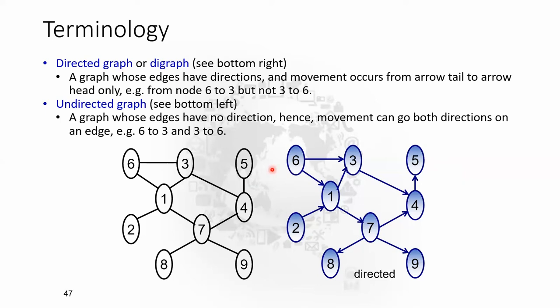As mentioned just now, if this goes to 3, then it must be 6 to 3. You cannot go from 3 to 6. If it is an undirected graph, it is just connected with edges that have no direction, so the movement can go from 6 to 3 or 3 to 6.